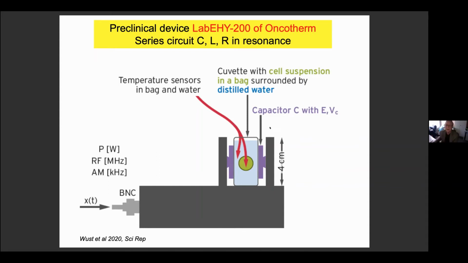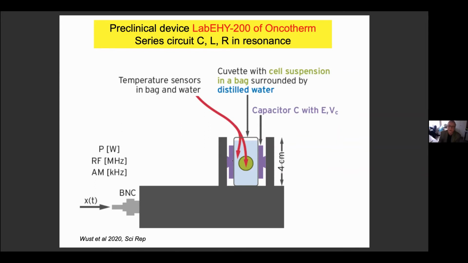It is basically a resonance circuit with a defined E-field between the electrodes in the specimen, which is green here, and it works under resonance conditions.